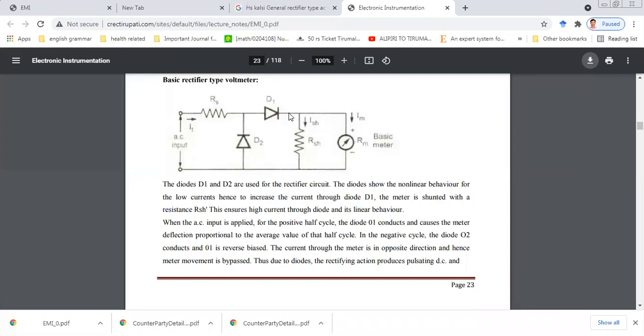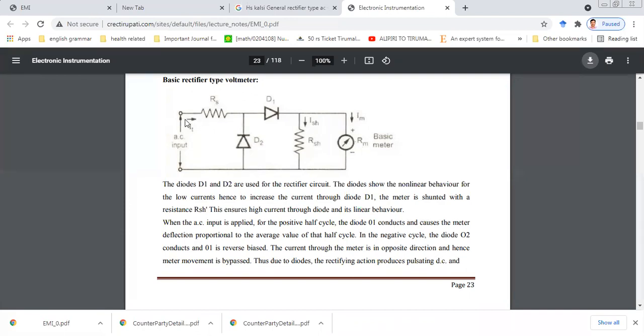This diode will conduct, and the current will flow through this resistance, and the deflection current will flow in this direction. So for the positive half cycle, the diode D1 conducts and causes the meter deflection proportional to the average value. In the negative half cycle, what happens?